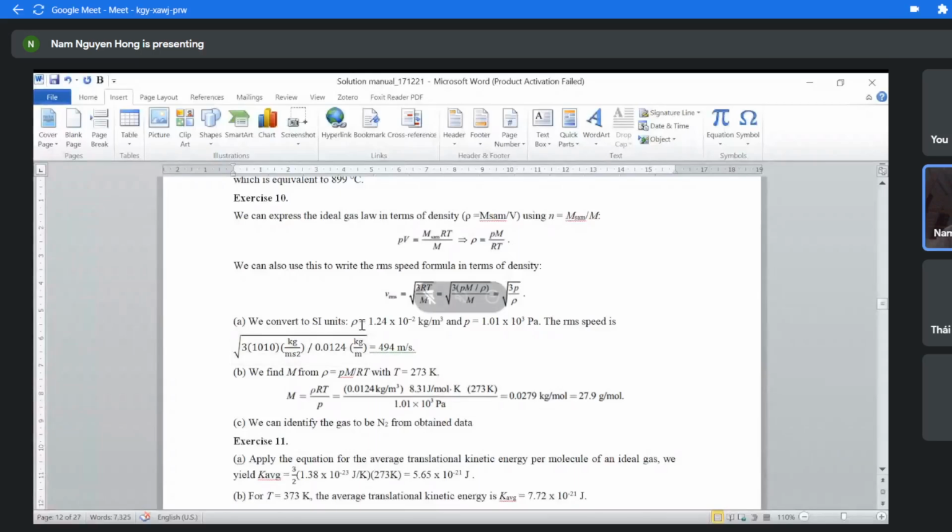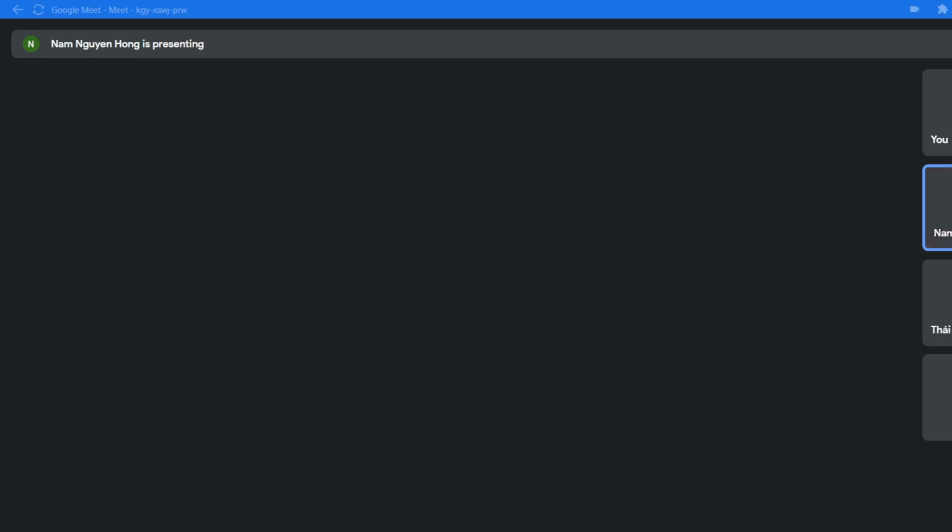Now, if we convert the density and the pressure into SI units, this is what we have. We should be able to calculate this one.